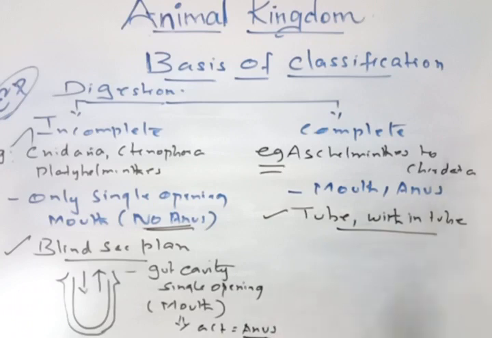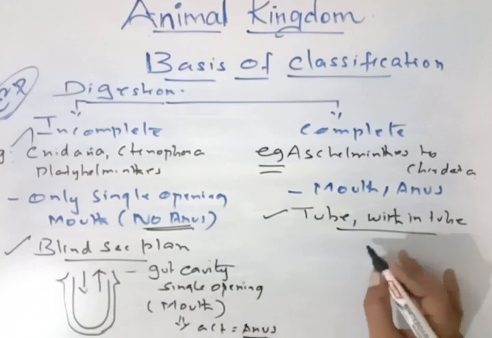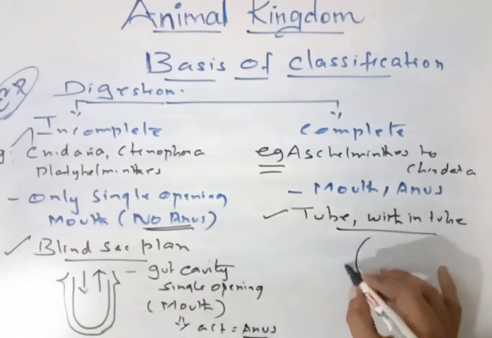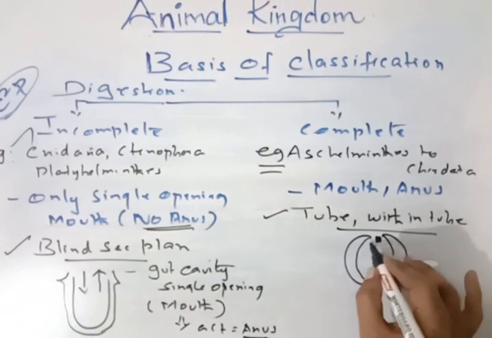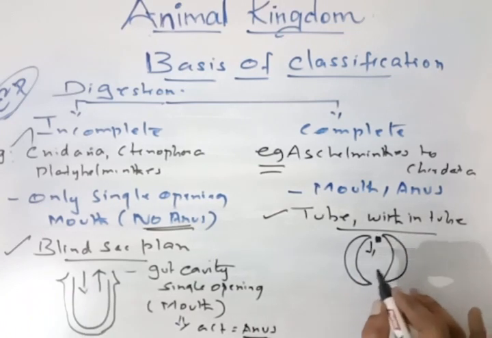Whereas in complete digestion, from Aschelminthes to Chordata, you will have two openings, mouth separately, anus separately. That is called tube within tube. So here the diagram can be like this. This is one and this is one. Here you will find one opening for entry and one opening for going out.